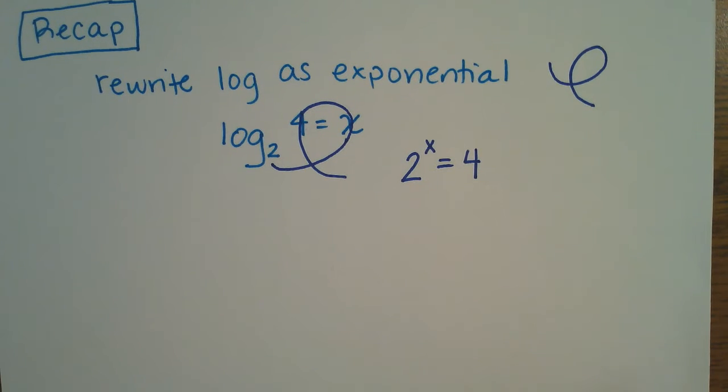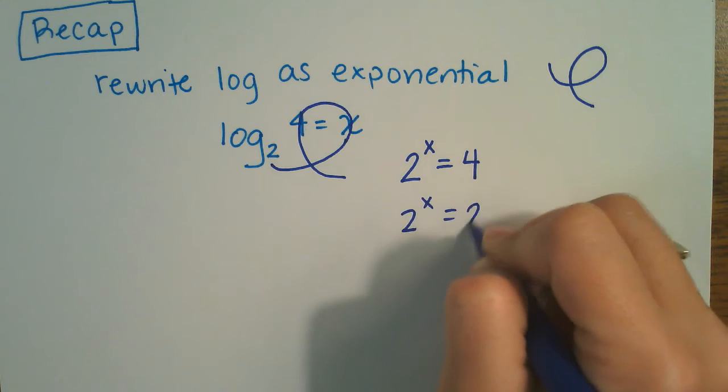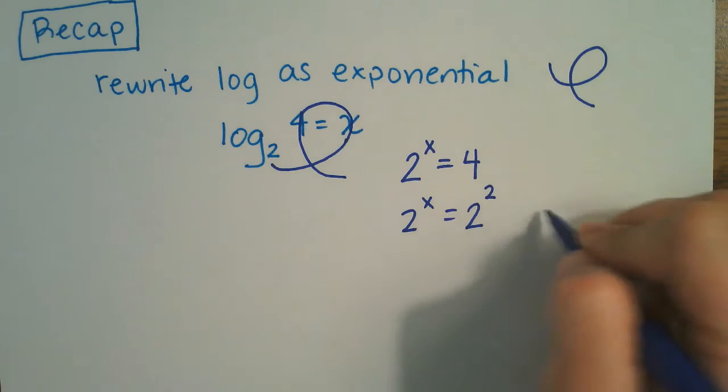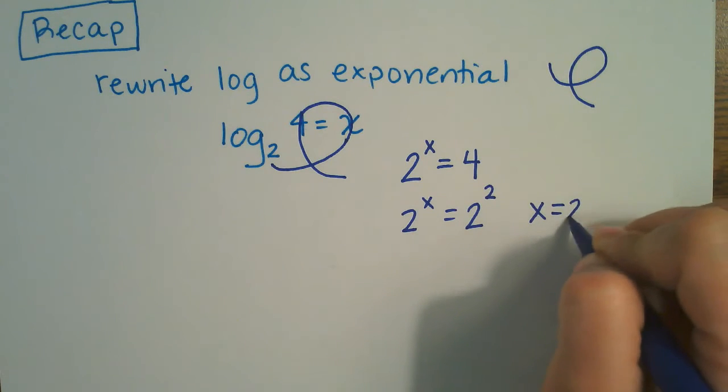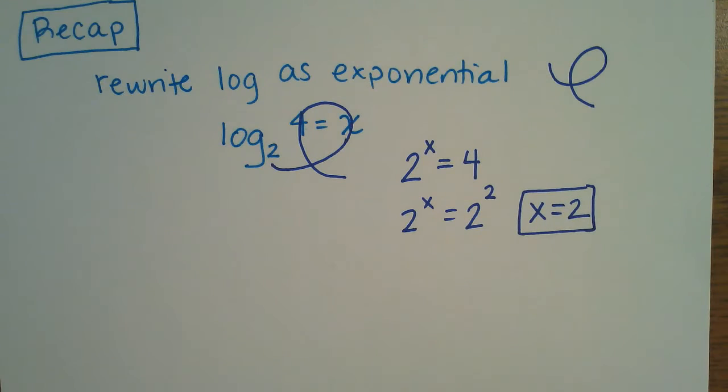And then after that we would have been able to solve that with 2 to the x. 4 is 2 squared, so x equals 2. That's pretty much where we are in our understanding about logarithms and exponentials. So I'm going to add to that today.